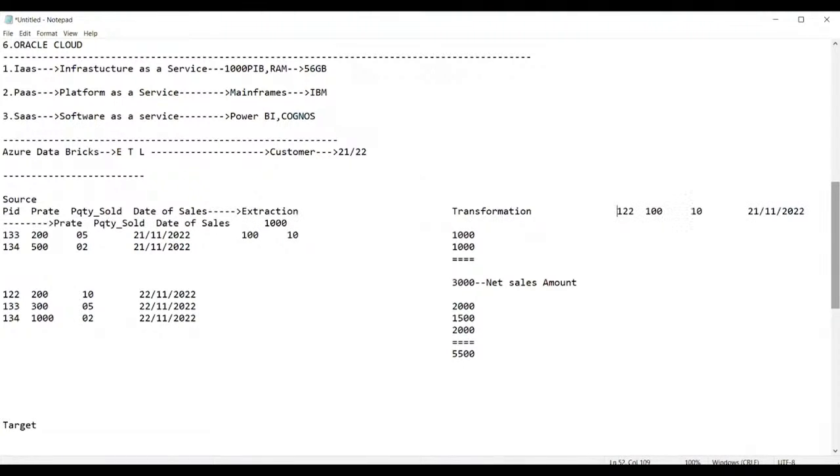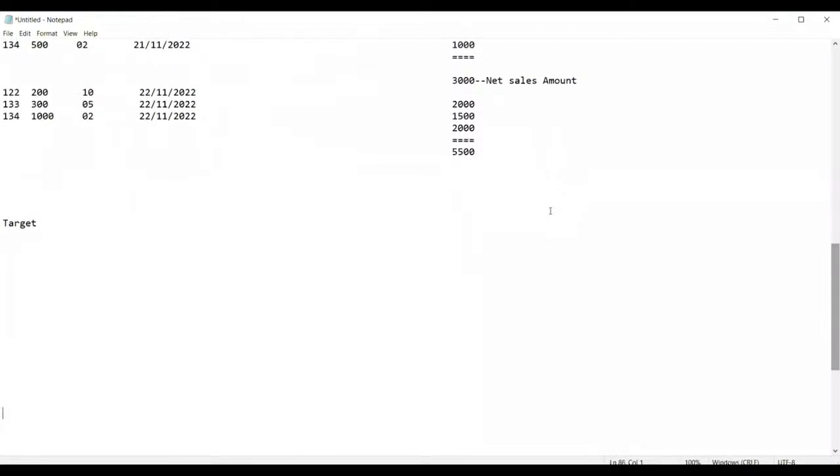Where will you be loading the data, guys? Finally, you will be loading the data into the target. I will load the data like this. I'm loading the data: net sales amount. What is the net sales amount, guys? 3000.